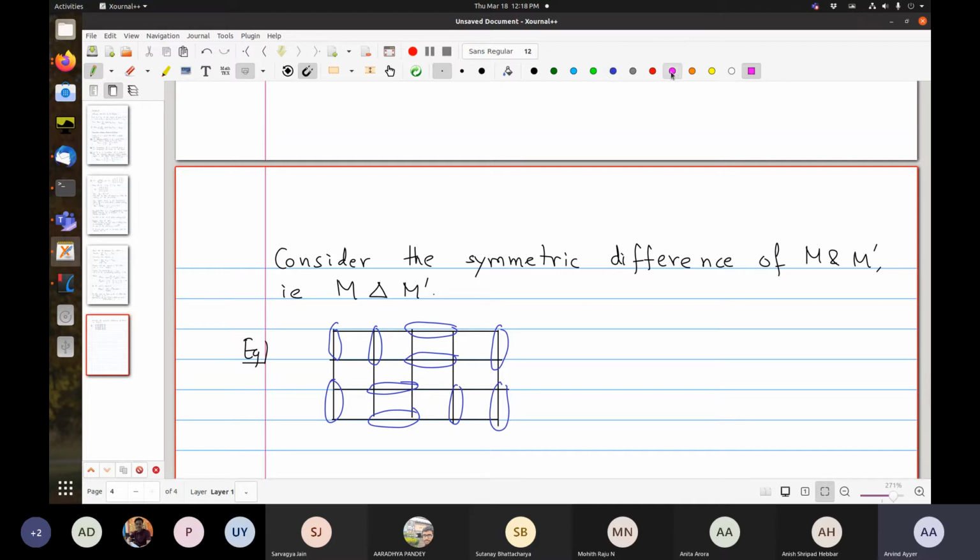And let me draw another one. Pink. I did maybe too nice an example.